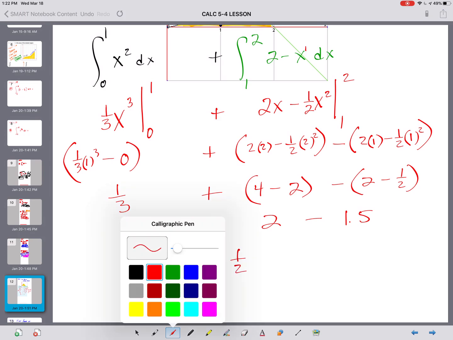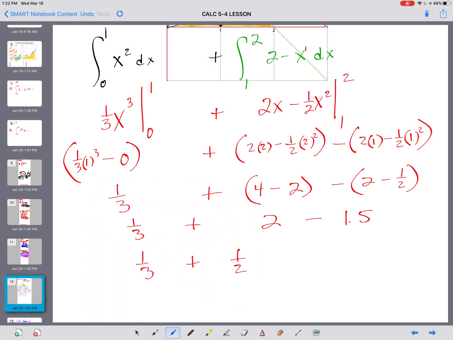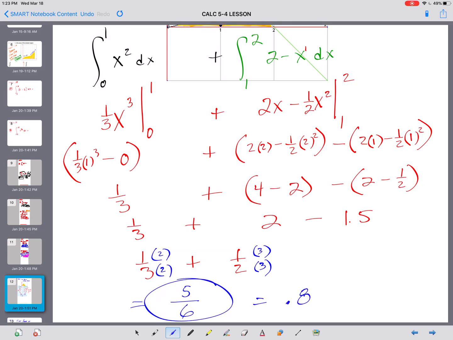If I want to put these together using fractions, I have to use a common denominator. Let's multiply by 2 over 2 here, 3 over 3 here. Here's our answer now. I have a common denominator. The common denominator is 6. I have 2 plus 3 is 5. There it is. 5/6, or about 0.83.